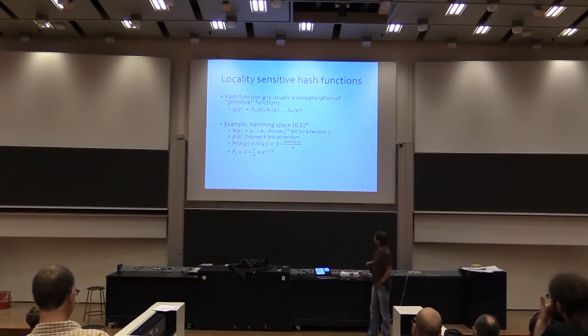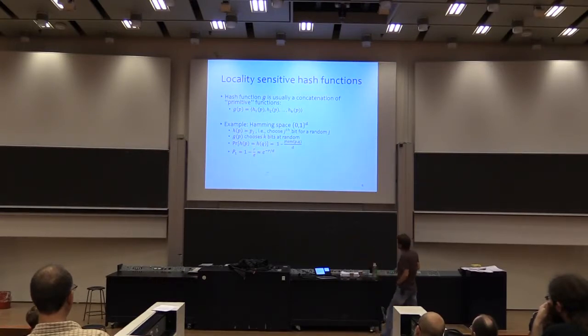Now you can compute the probability of collision when the distance is at most r. It is 1 minus r divided by d. And I'll use the approximation that 1 minus r divided by d is essentially equal to e to the minus r divided by d. At least if the dimension d is much larger than r, this is a faithful approximation.